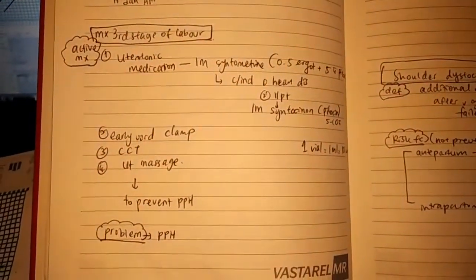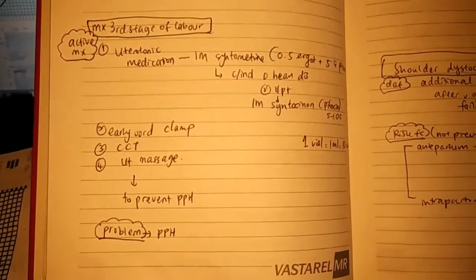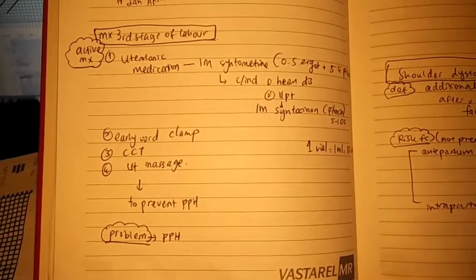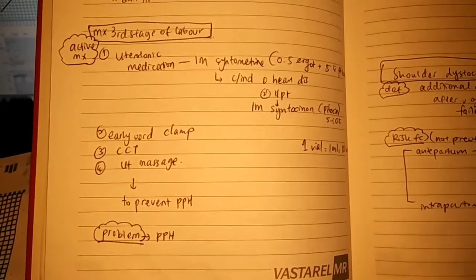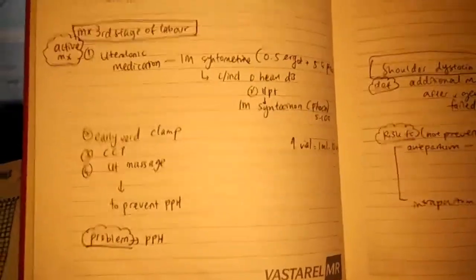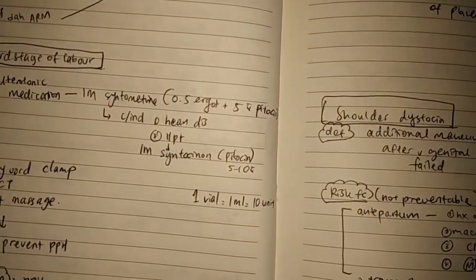The management for third stage of labor, there are 4. The usual problem is PPH. Third stage of labor is the delivery of the placenta. First, you have to give the uterotonic medication, IM Syntometrine, which contains 0.5 mg ergometrine plus 5 unit pitocin.